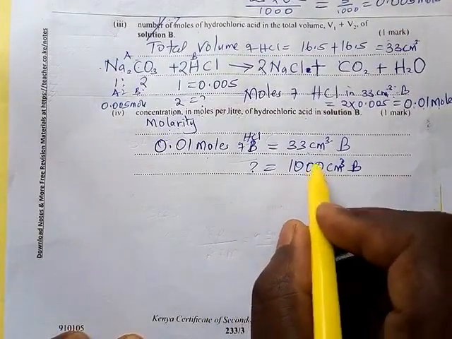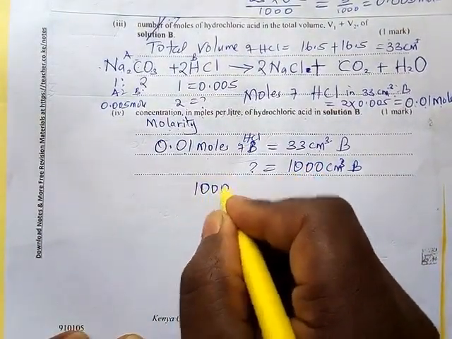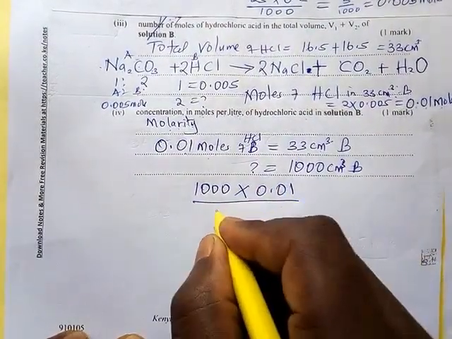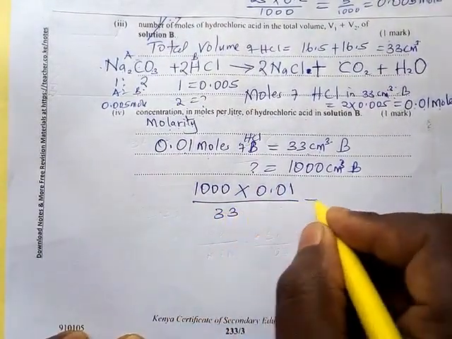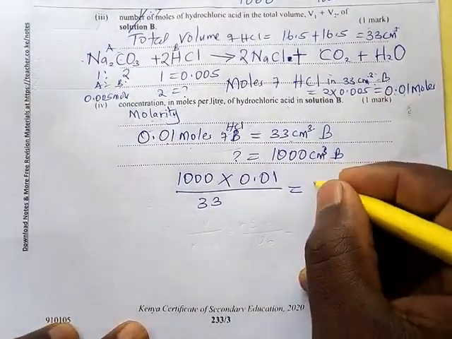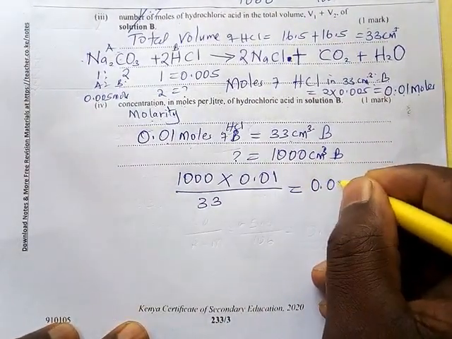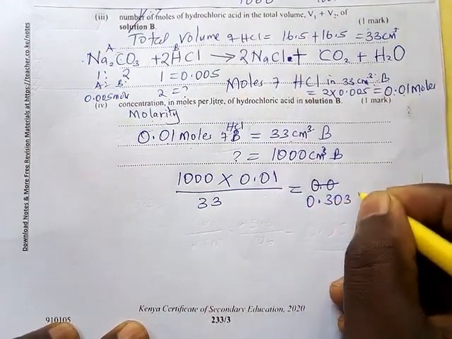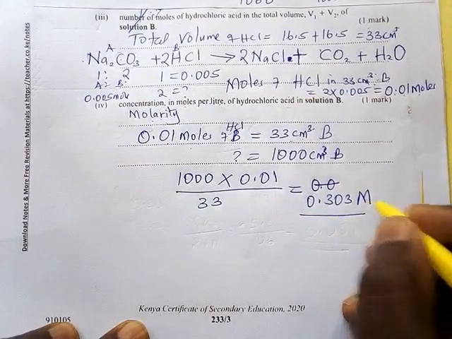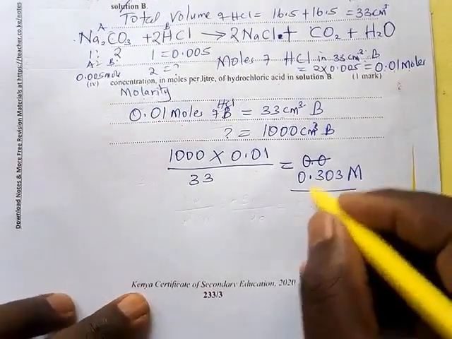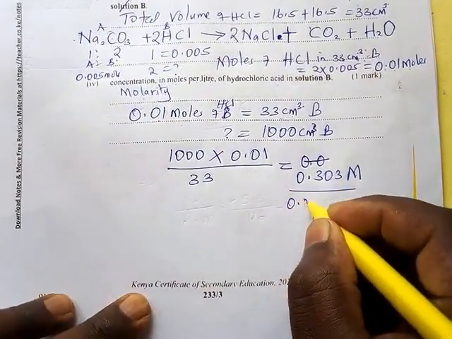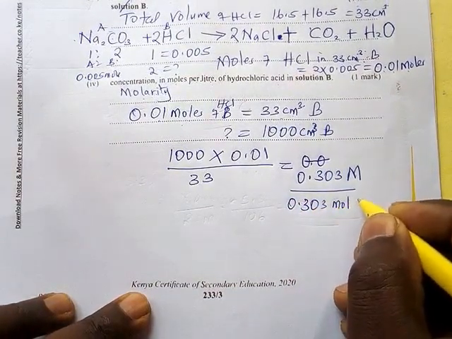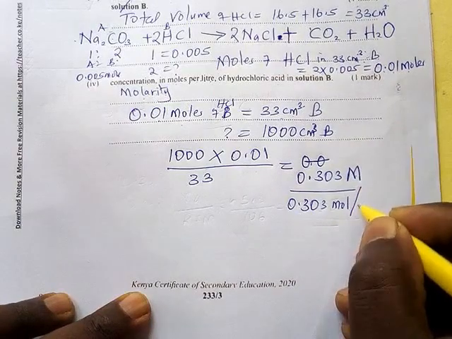Therefore this will be 1,000 times 0.01 divided by 33, and this will give us 0.303 capital M. Capital M stands for molarity. You can also write this as 0.303 mole per dm cube or per liter.